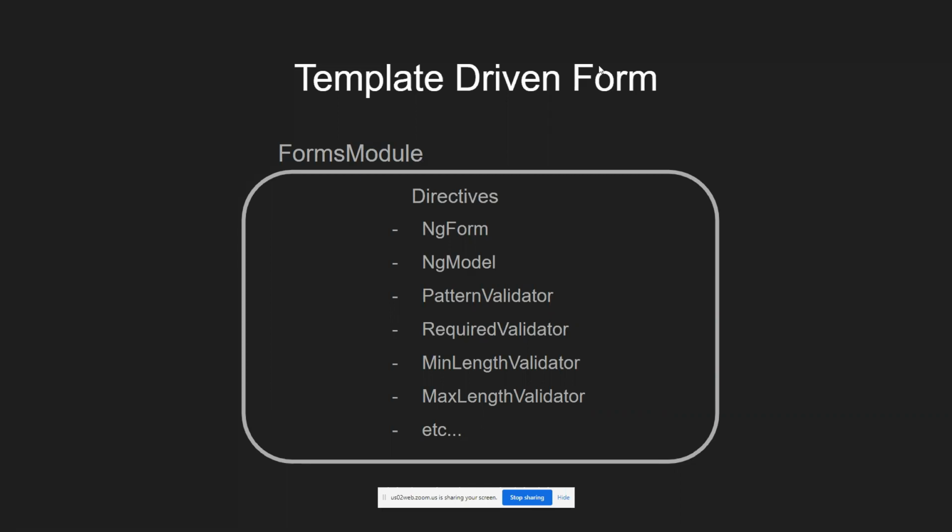These are the directives that we're going to use today. ngForm helps us create a form group instance and bind it to a form so we can keep track of the form. ngModel creates a form control instance to keep track of a single control. Then we have some validators, which we can use to validate the user inputs.